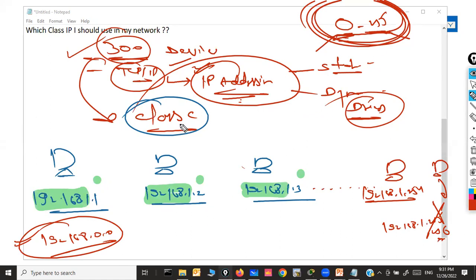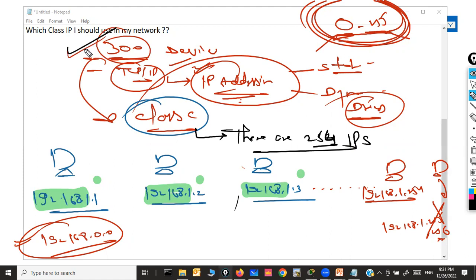This way, in class C, there are a total of 254 IPs, right? 254 IPs total. It means we cannot do networking of 300 computers if I go with class C. Got the point?